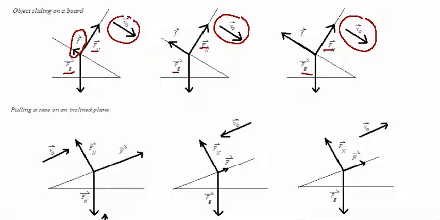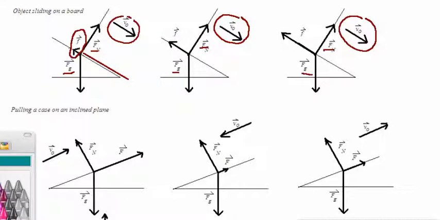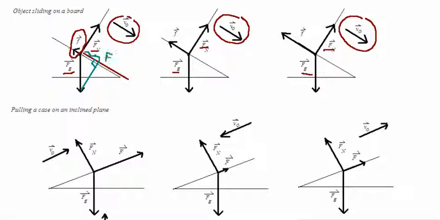So what I'm going to do, I'm going to imagine that there is an x-axis like this. And then I'm going to calculate graphically the x component of the force of gravity. So if you have a right angle over here, then this is going to be FGX.